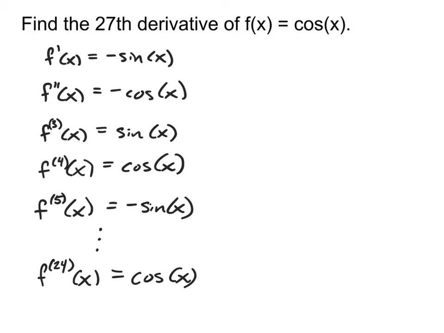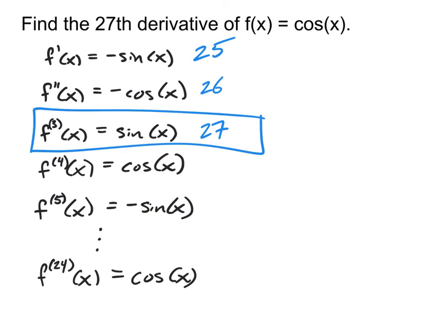So then that would mean that this would be the 25th derivative. This would be the 26th derivative. And so the 27th derivative then would be this. The 27th derivative, actually, I should say, is sine of x.